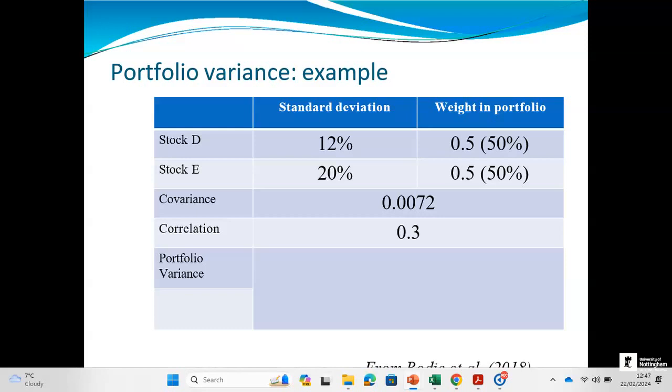The standard deviation of stock D is 12%, the standard deviation of stock E is 20%, and in our example we are putting 50% in D and 50% in E. So these are our weights in this portfolio. And if I give you the covariance, the covariance between the two stocks D and E is given as follows.